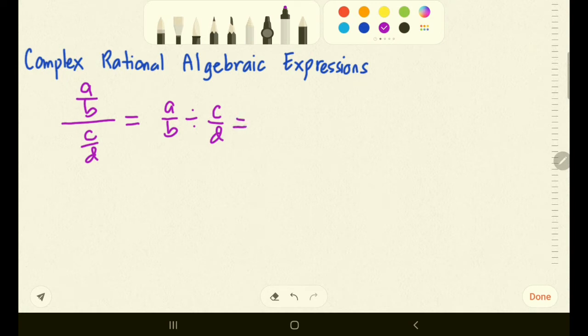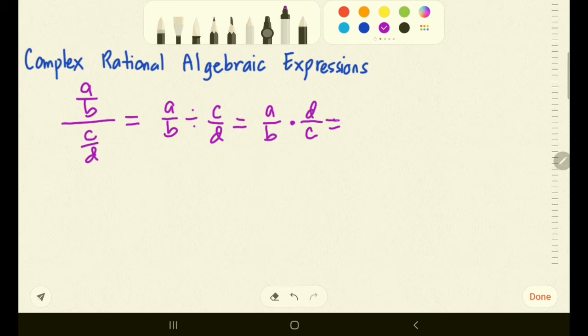And then you express it as multiplication: a over b, the dividend, just copy, then change the division into multiplication, then the reciprocal of your divisor, that becomes d over c.